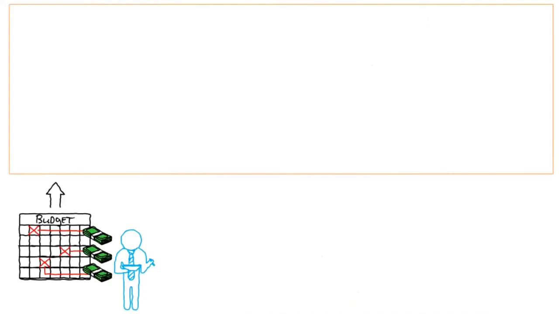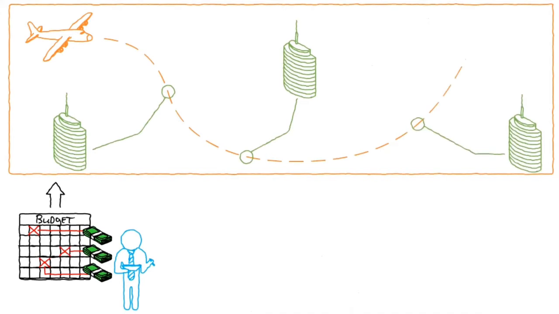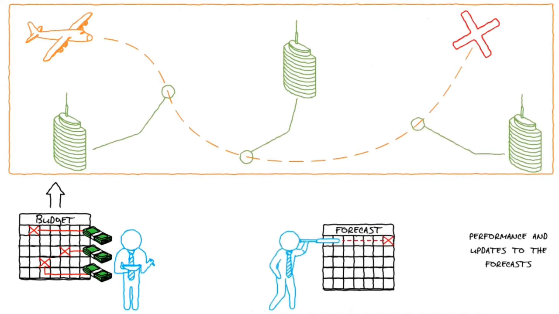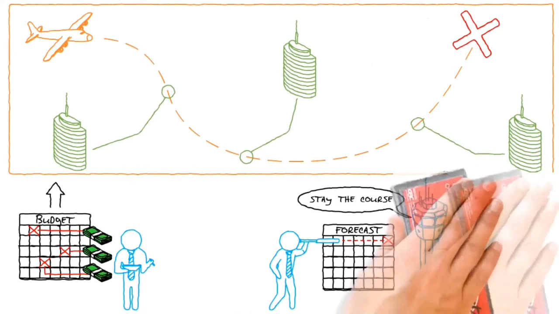A budget is similar to the flight plan for a plane, a detailed map of where the organization intends to be at any given point and what it needs to reach those objectives. The actual performance and updates to the forecasts are like the air traffic controller, guiding the organization to either stay the course or change direction based on the data.